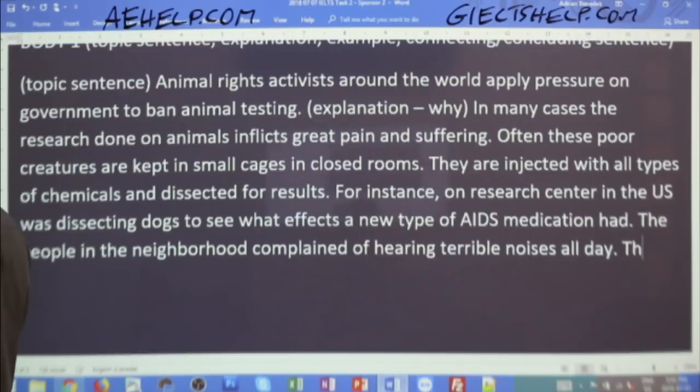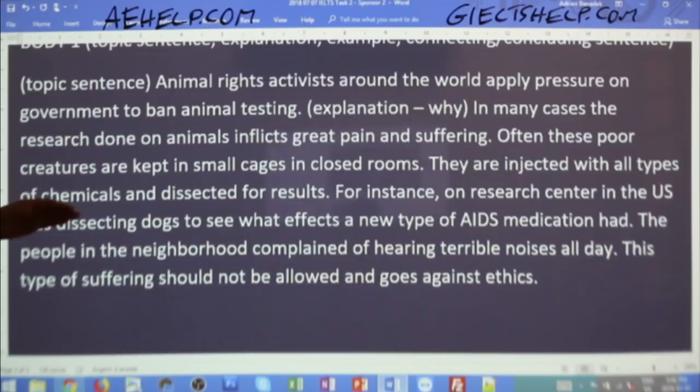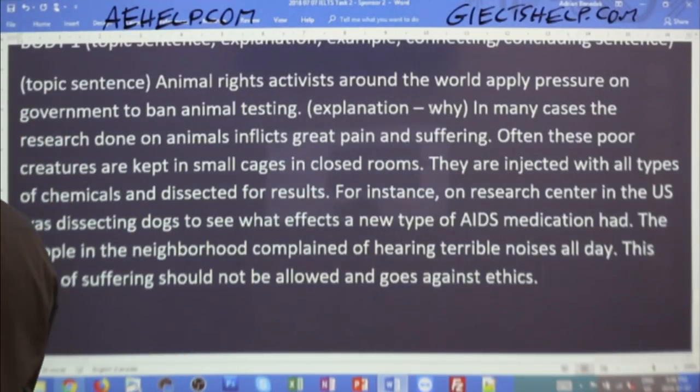This type of suffering should not be allowed and goes against ethics, human ethics. Okay? So that is the explanation. This is the example, the how.